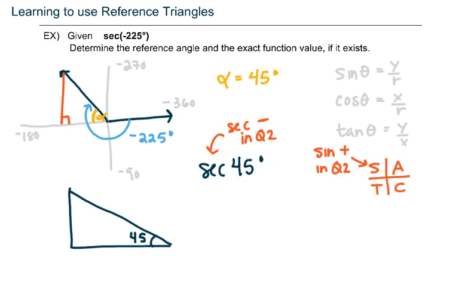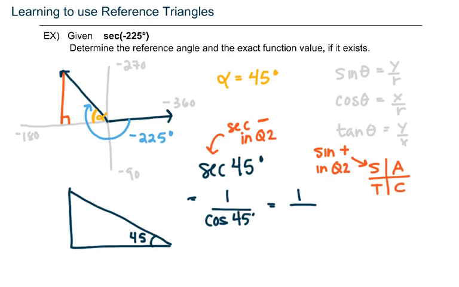Okay, so secant is the same as writing 1 over cosine of 45. And because we know our table, our values for 30, 60, and 45, we know that cosine of 45 is root 2 over 2.